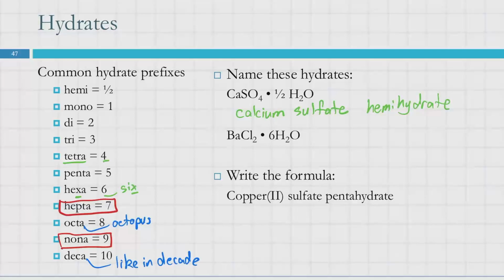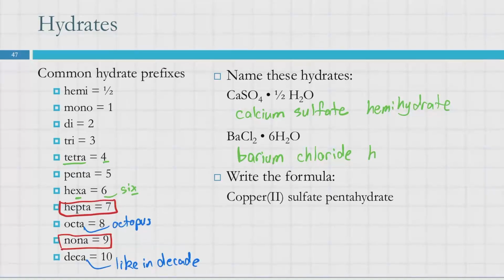BaCl2, Ba is barium. It always forms the same charge. Cl is chlor. It's got the "ide" ending, so barium chloride. How many waters do we have? 6, so hexahydrate.